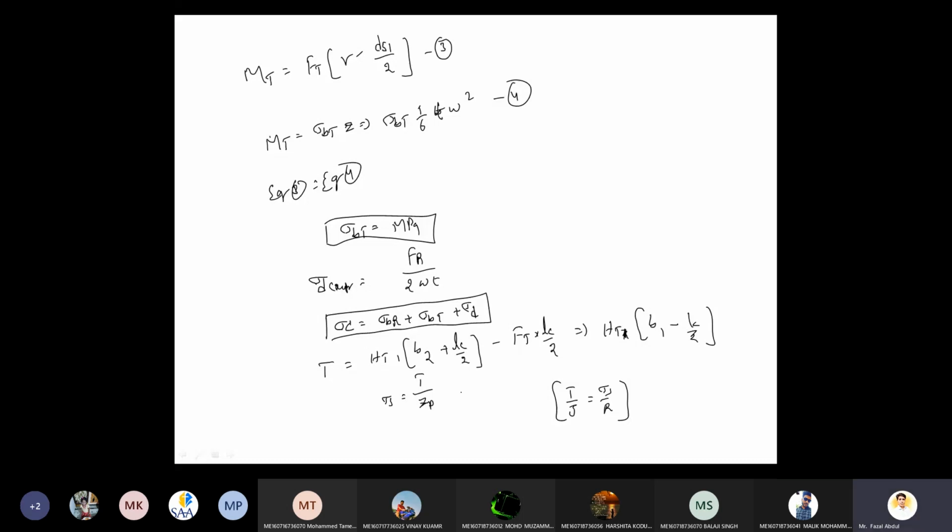T by Zp is nothing but 4.5 T by w t square. Directly I'm writing the section modulus value. Now the maximum we calculated: sigma s is equal to 4.5 T by w t square.